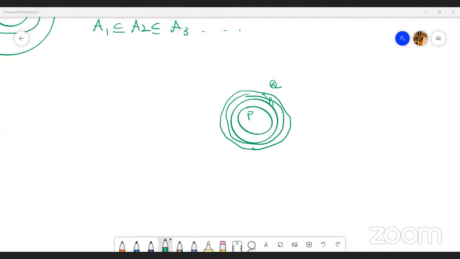Next one is annihilator. What do you mean by annihilator? I think in group theory we have learned annihilator: the set of all x belongs to R such that ax equals 0. This is known as the annihilator. Annihilator is always an ideal also.